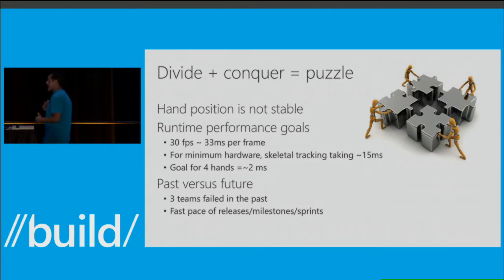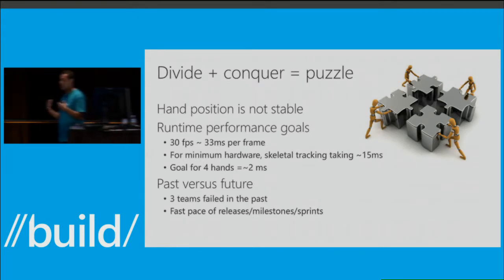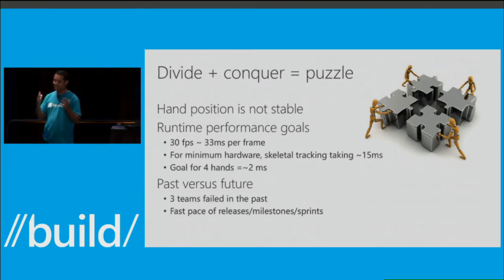Second, we had to make this work on a window of 2 milliseconds. Because Kinect for Windows, the SDK, in our min spec machine, takes 15 milliseconds to find the skeleton. And you have 30 frames per second, so I have 33 milliseconds.